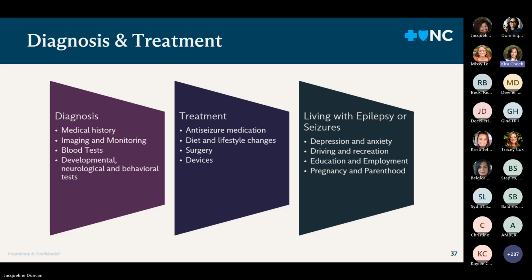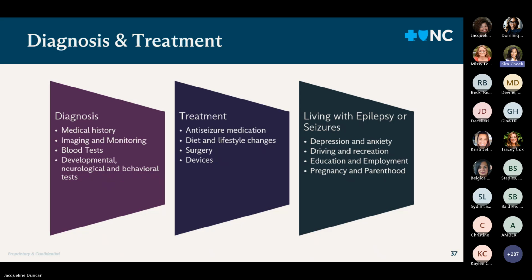There are several tests that can be used to determine what kind of seizure a person has and whether they have epilepsy. Medical history, including duration of seizures and witnessed accounts, are very important since a person often doesn't remember what happened during a seizure.